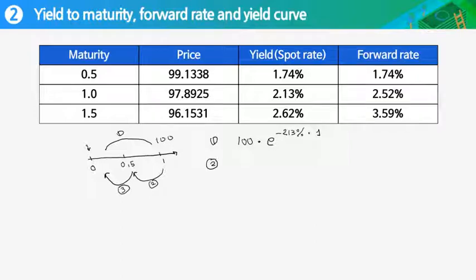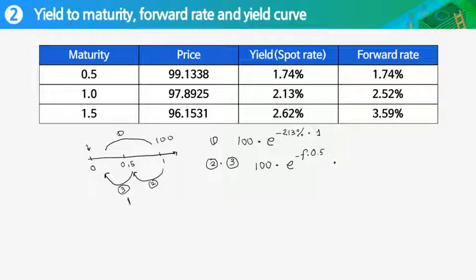So the second route is $100 times e to the power of some forward rate between the period 1 minus 0.5, so 0.5, and then multiply.